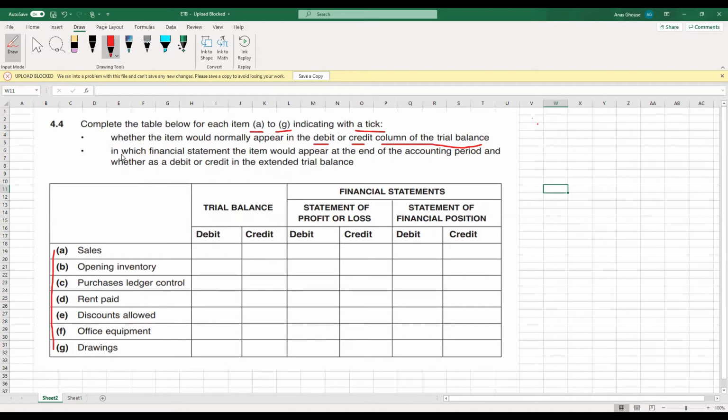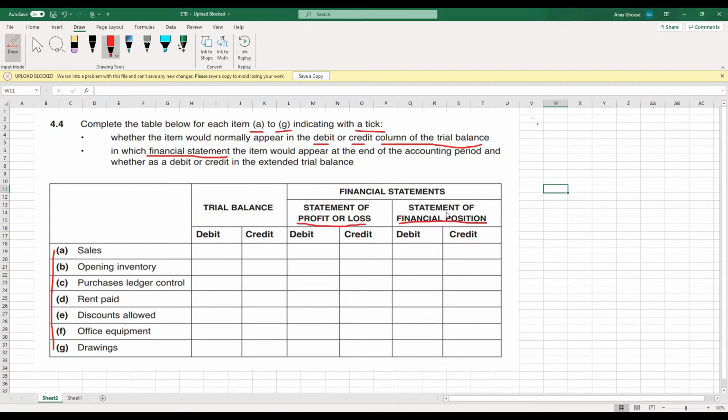The second one: in which financial statement the item would appear at the end of the accounting period. As we all know, we prepare two sets of financial statements: the statement of profit or loss and the statement of financial position.